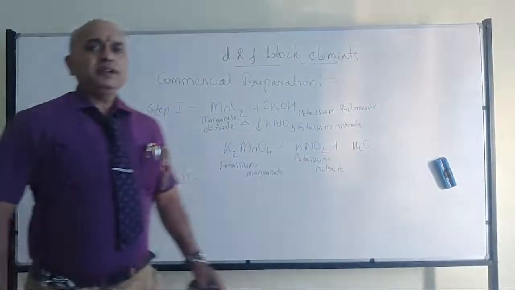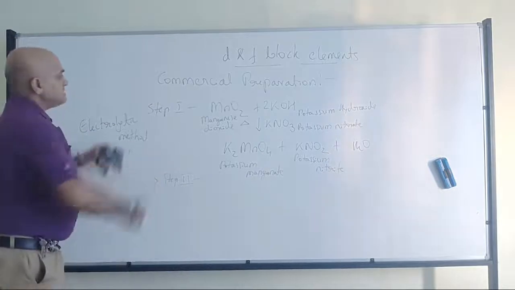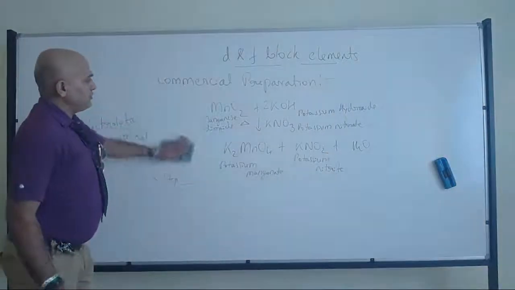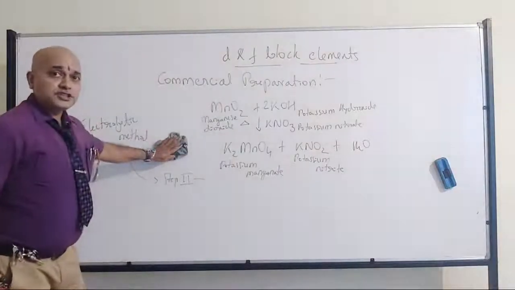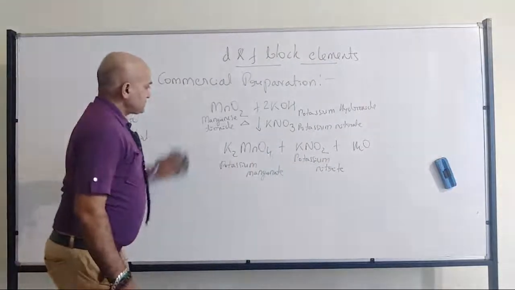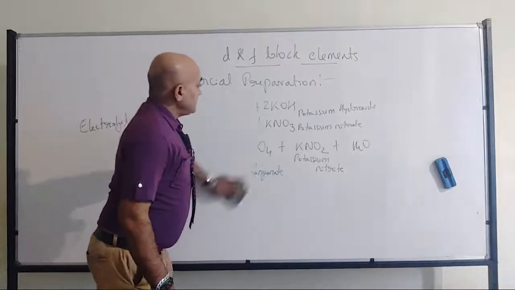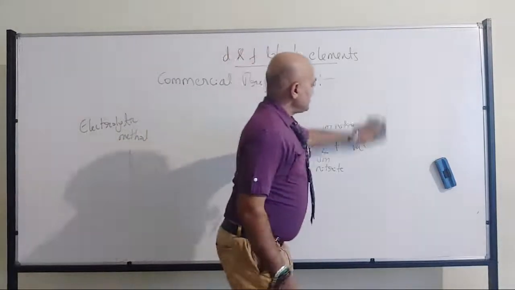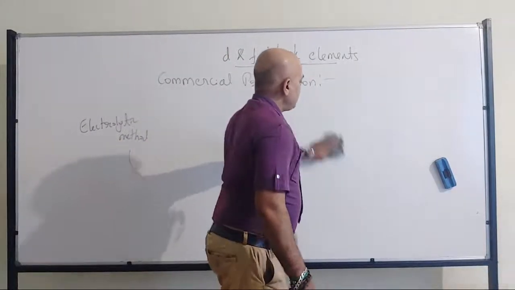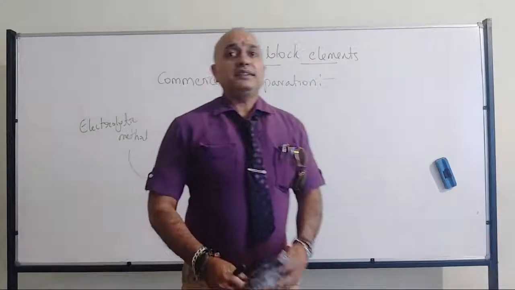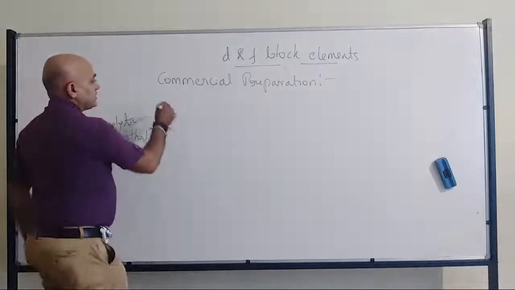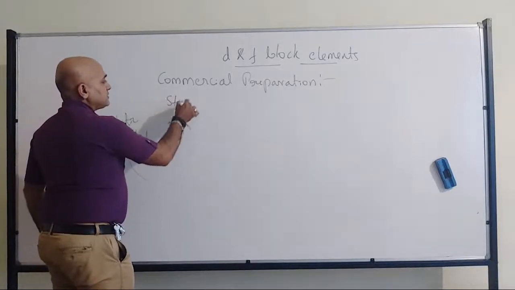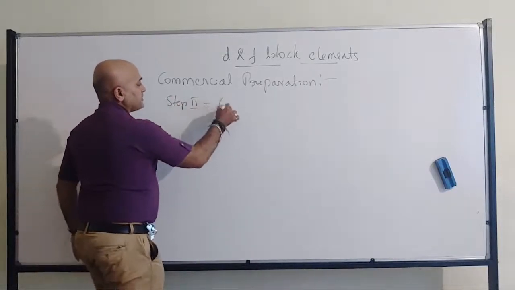So the first step is the same. The only thing here is that they are going to use potassium nitrate in addition to potassium hydroxide. So the next step is electrolysis of manganate. It's not a chemical method, it's an electrolytic method, step 2.